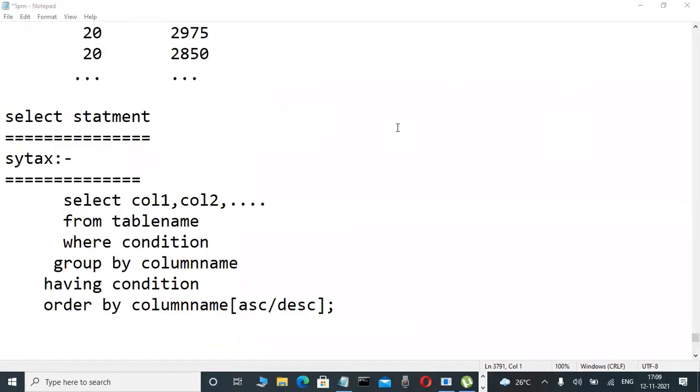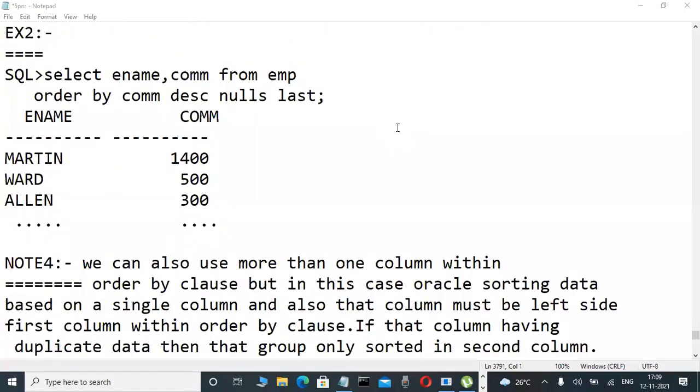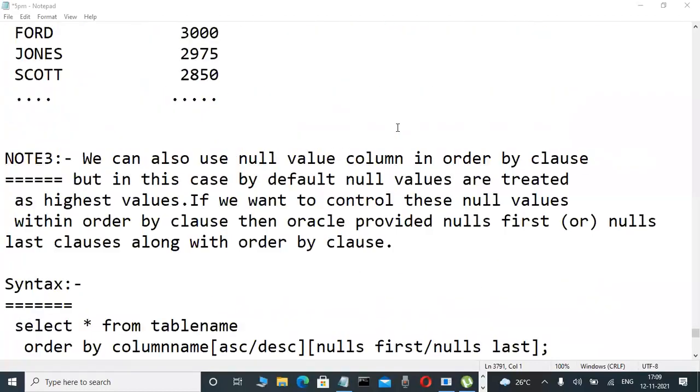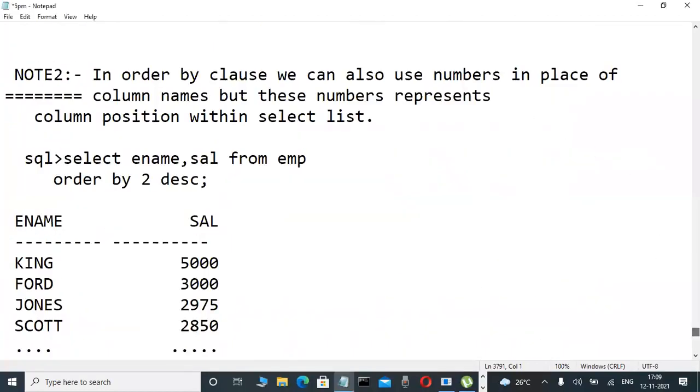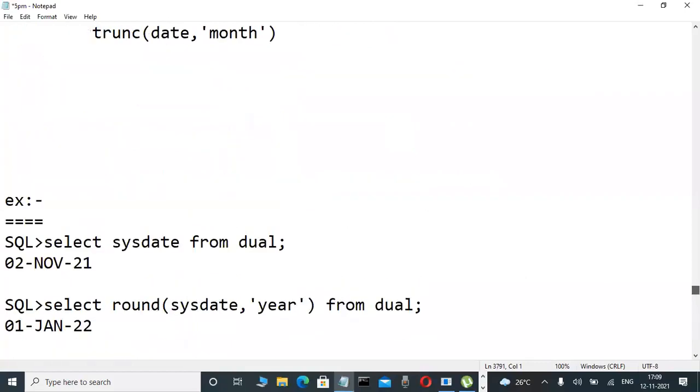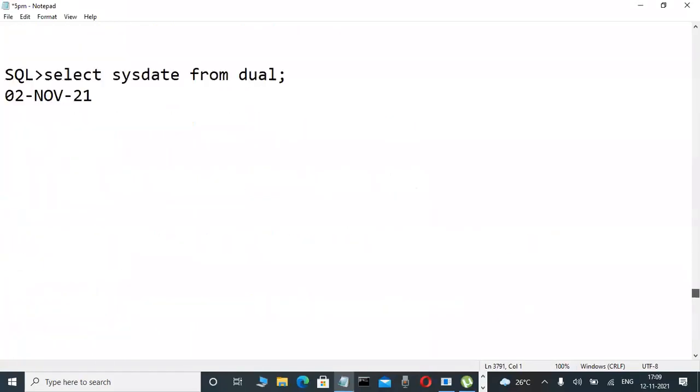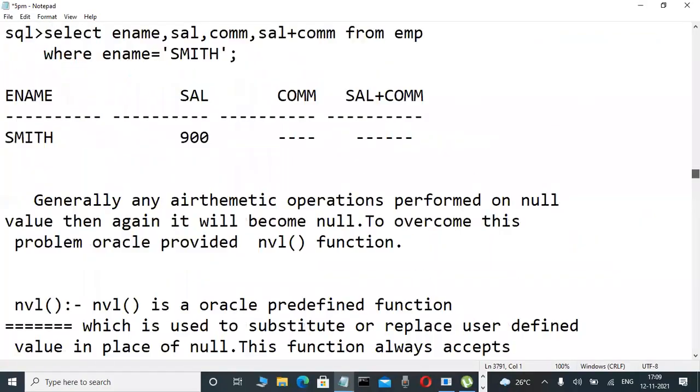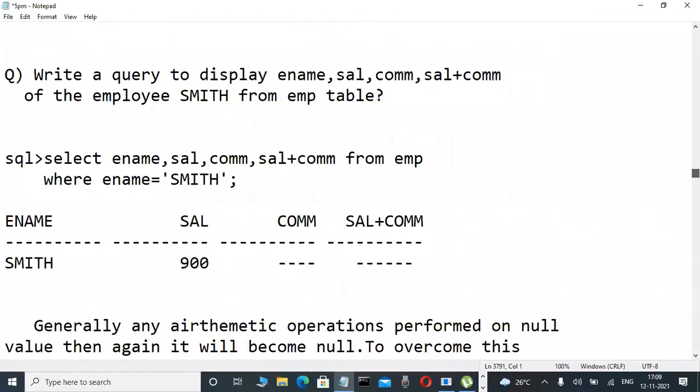Before we start joins, observe the screen. First, I told you operators used in select statements, then functions: character functions, date functions, and date conversions, and group functions through group by, having, and order by.